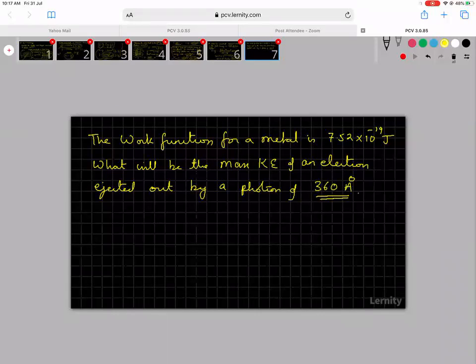The work function for a metal is this much. What will be the max KE of an electron ejected out by a photon of 360 angstrom units?